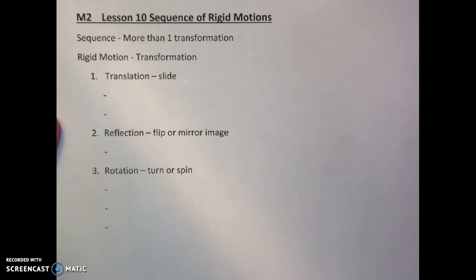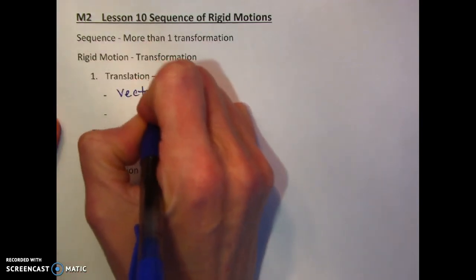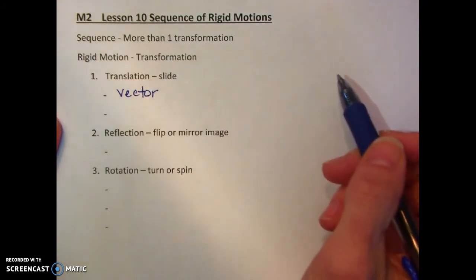Now, when you are telling me that you see a translation happening, a slide happening, you need to tell me either the vector where the slide took place.